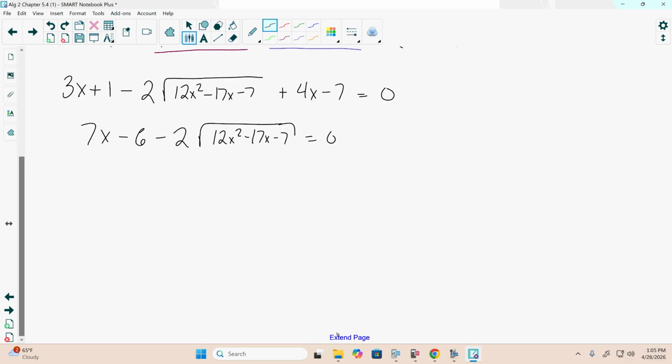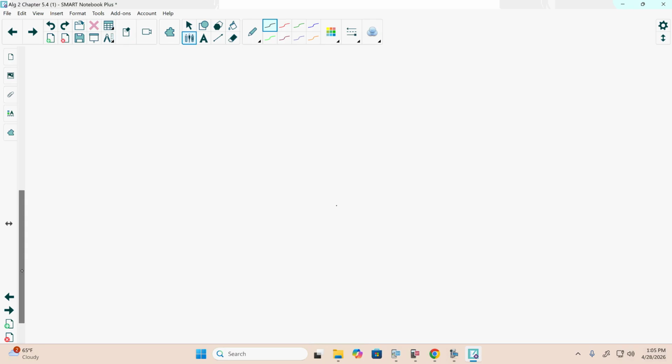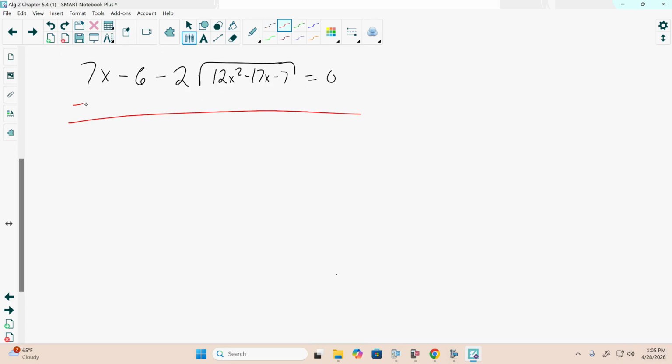Now, really, this is the only time I'm actually going to do it this way, because this is a lot of extra work for not a whole lot. Move those over.